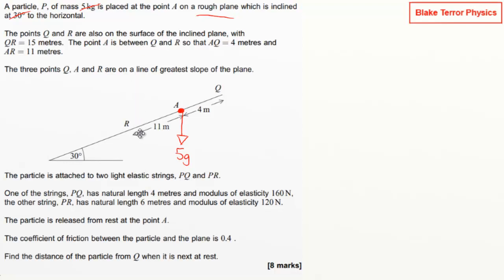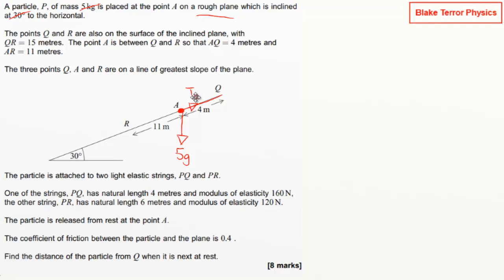The particle is attached to two light elastic strings, PQ and PR. So one up to Q and one down to R. One of the strings PQ has a natural length of 4 meters, modulus of elasticity 160 newtons. So we've got one string going up here, which is going to have one tension in it.